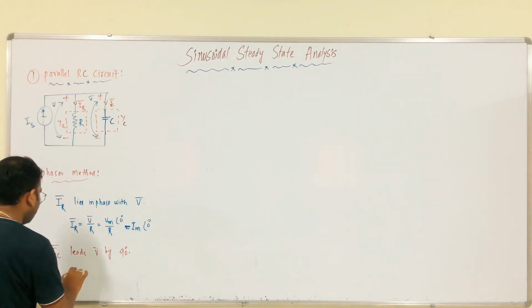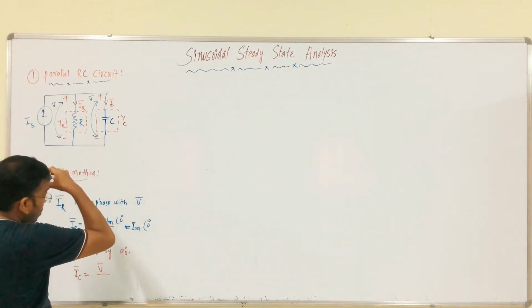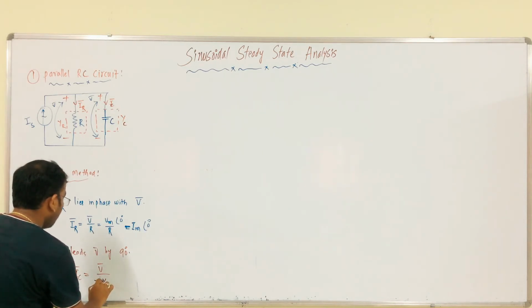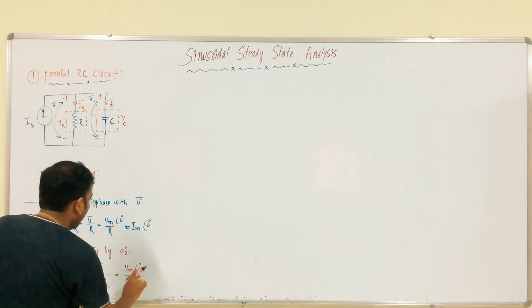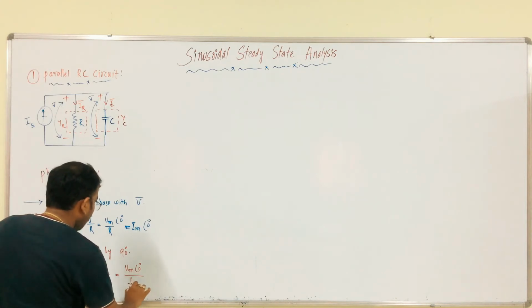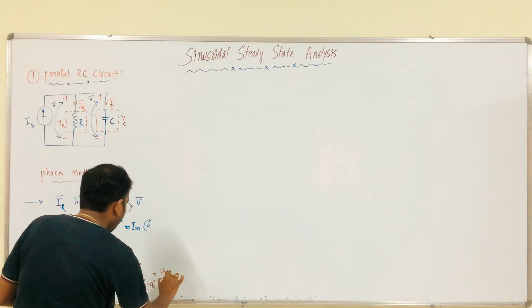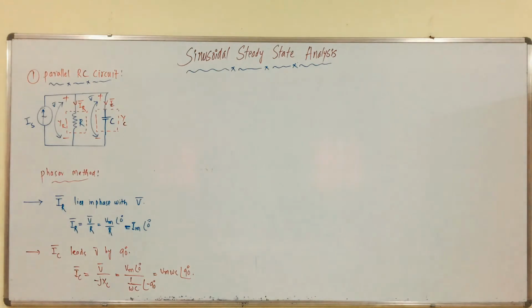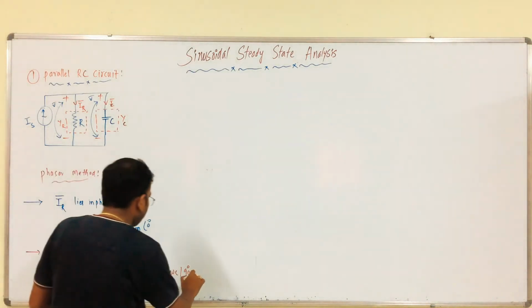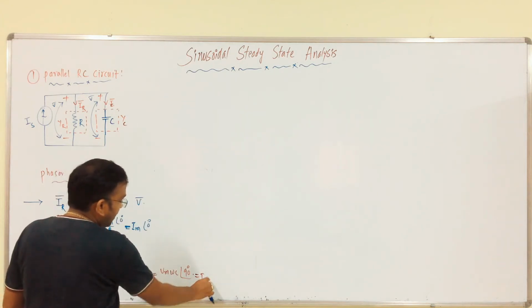Therefore, IC is equal to V by minus jXC, which is equal to Vm at an angle 0 by 1 by omega C at an angle minus 90, which is equal to Vm into omega C at an angle 90 degrees. Clear? This is IC. Im means V by XC is nothing but Im, right?